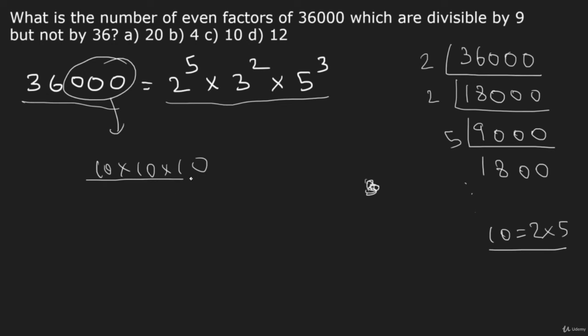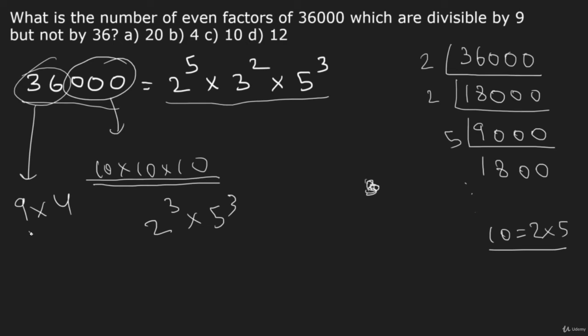So instead of 10 into 10 into 10, in my mind I can write it as 2 cube into 5 cube. So this part is taken care of, and you are just left with 36. Now 36 is 9 into 4, and 9 is nothing but 3 square and 4 is 2 square. So you just need to multiply 3 square, 2 square, 2 cube and 5 cube. So 3 square is your 3 square, that's over here.